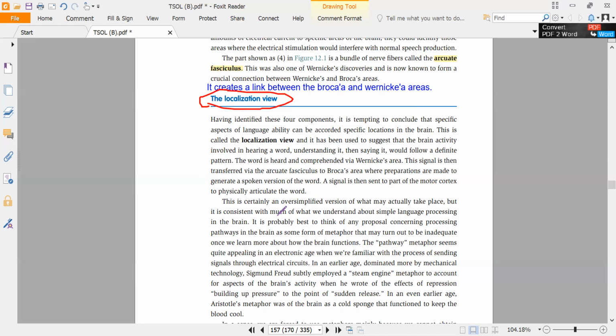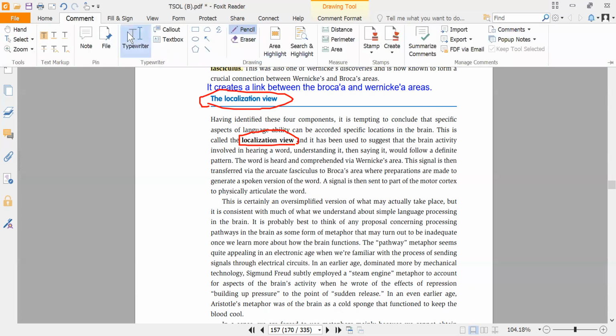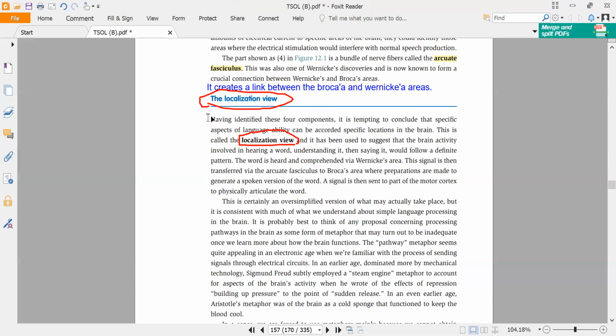Now, what do we mean by the localization view? The localization view states that a particular part of the brain is responsible for a particular function, for a particular purpose, right? Like if we isolate a particular part of the brain for a particular linguistic function, this view is called the localization view, right?